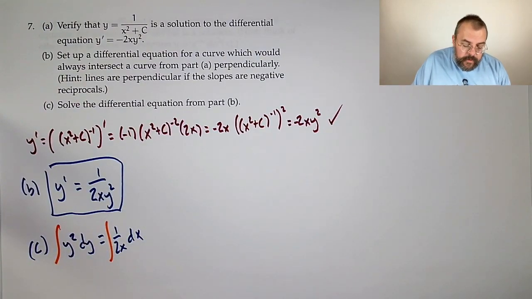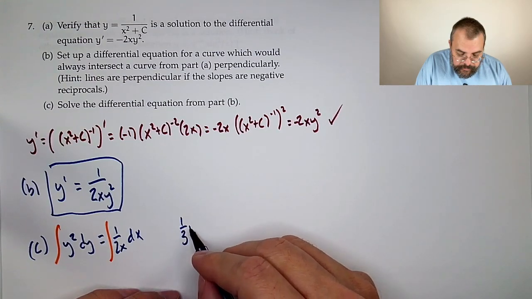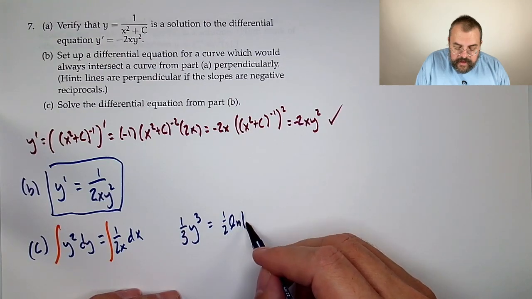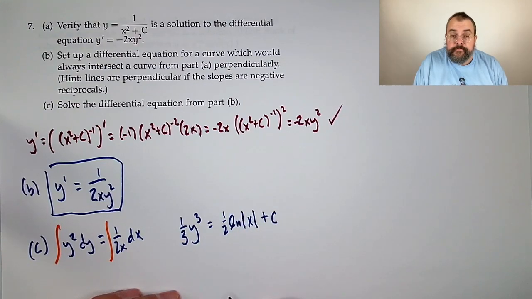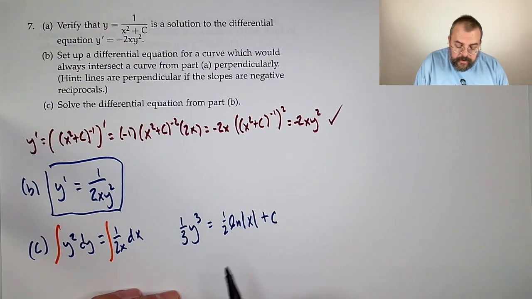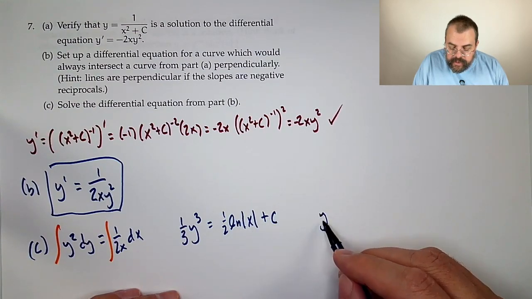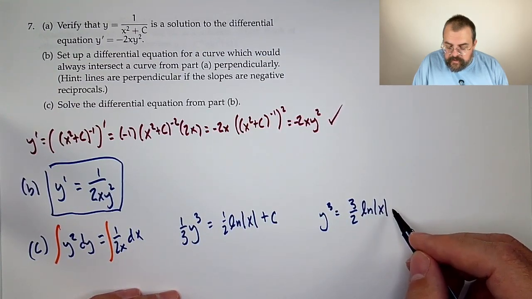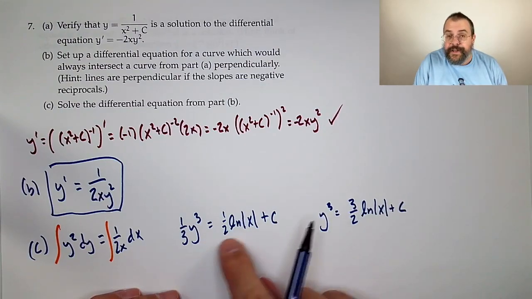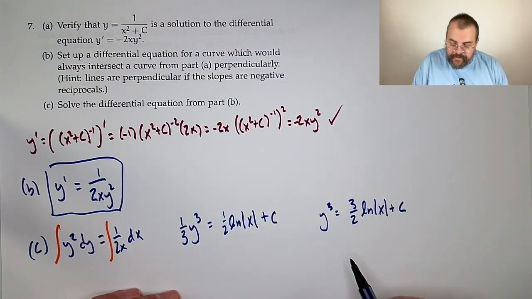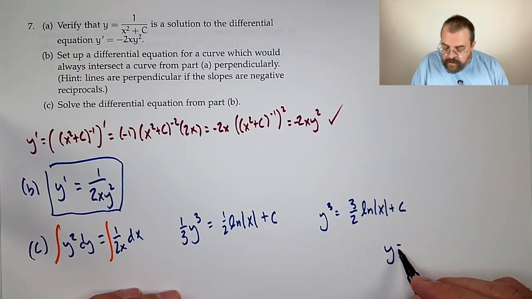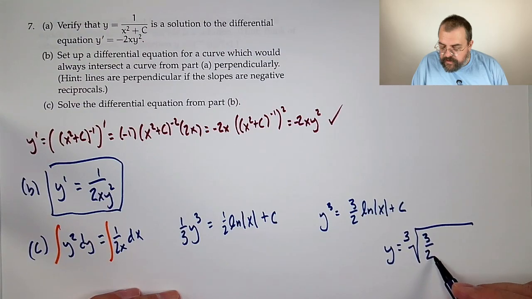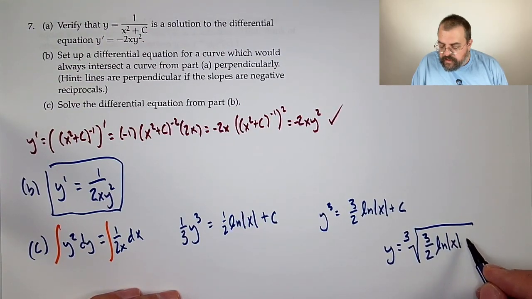We get 1/3 y cubed is equal to 1/2 log x plus c. And now, all right, multiply by 3. y cubed equals 3/2 natural log x plus c. Of course, the 3 can be absorbed into the c. And finally, we can take our cube root. So y is the cube root of 3/2 natural log of x plus c.